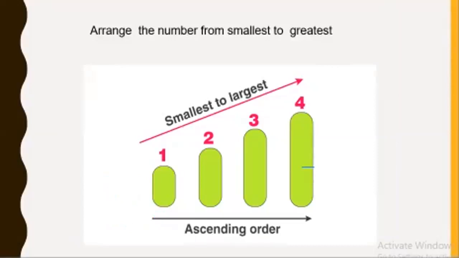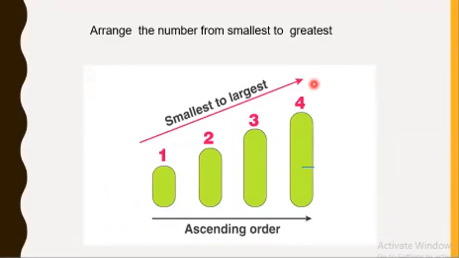There is no word mentioned on the slide, my students, but I want you all to understand this concept. I'm sure you have done the same concept in grade 2, where you learned how to arrange numbers from smallest to greatest.